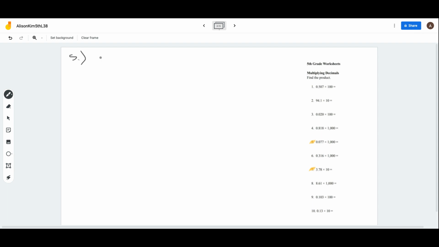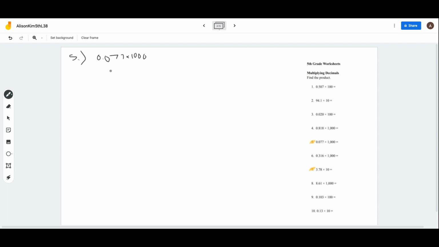Number 5 gave us 0.077 times 1000. Now, you can choose to do the long method, which is just multiplying it out fully, but the easier method is that you look at the zeros, and we see that 1000 has 3 zeros.